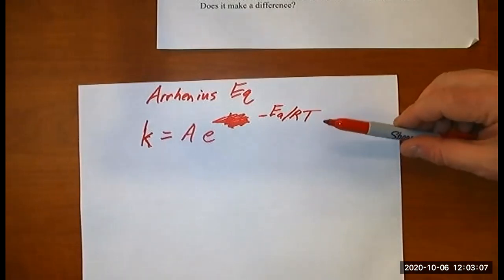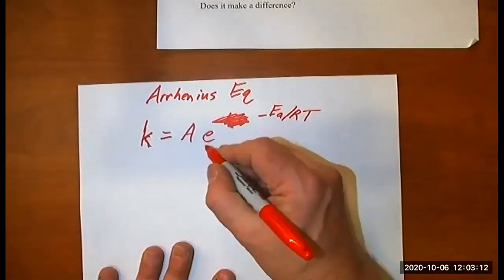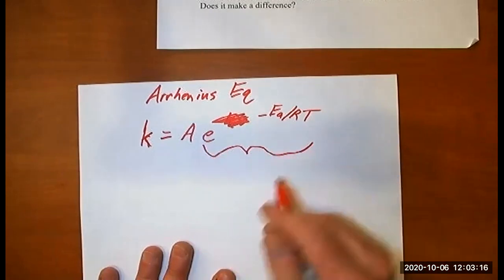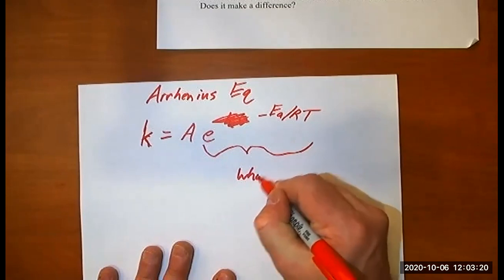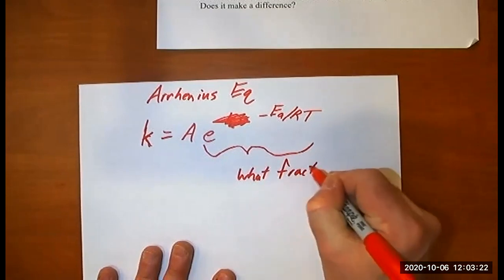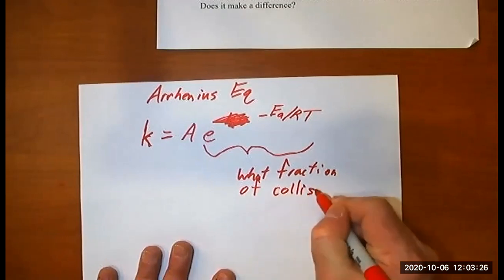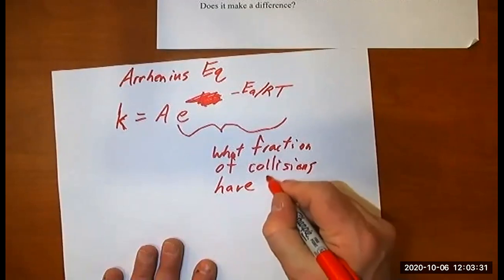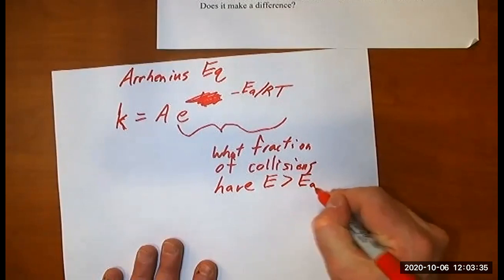What we have here is an expression that encapsulates 2 pieces of information. This part of it tells you what fraction of the collisions have an energy in excess of the activation energy.